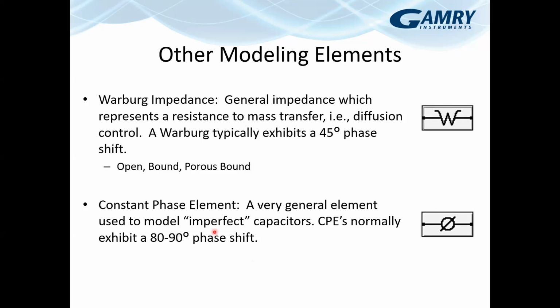But the reason this gets used is because real systems are not perfect. And so a true capacitor assumes completely planar, infinite surface. Real electrodes have some roughness to them, and they have edges on them, and they may have other geometric features.